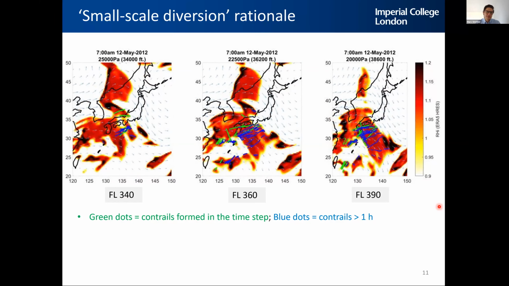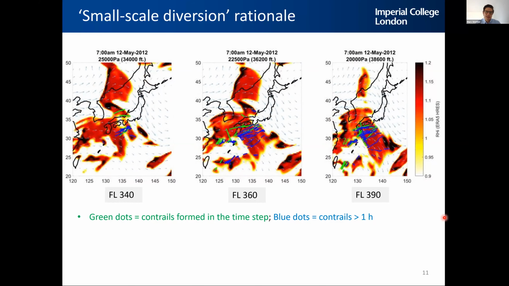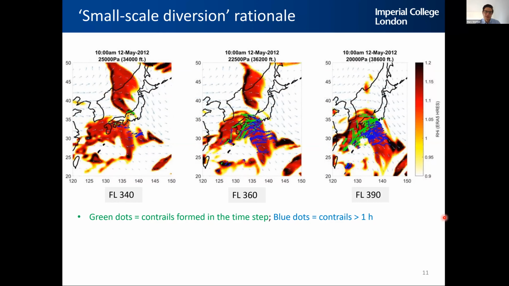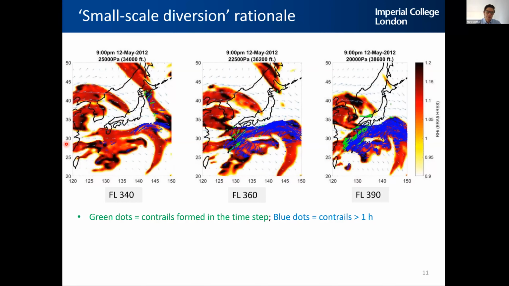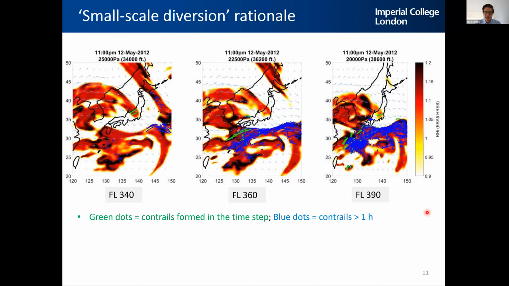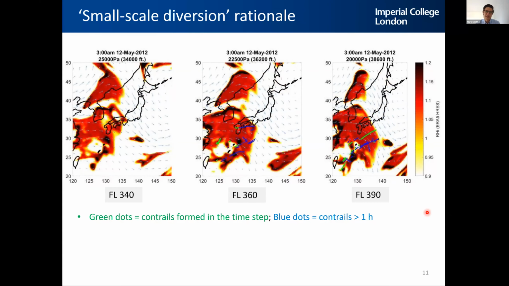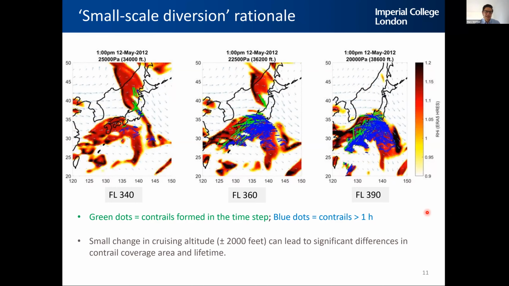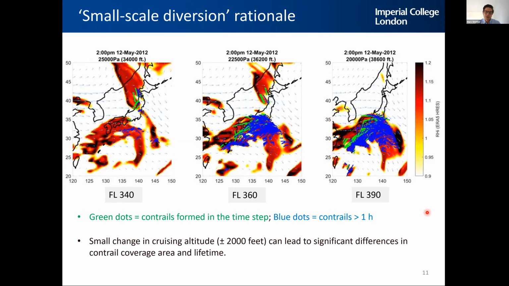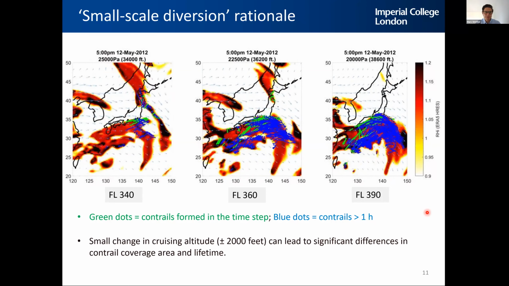Just for reference, the air traffic density is roughly the same in these 3 pictures, but we do see significantly different amounts of persistent contrails between the 3. You can see lower amounts of blue dots on the left-hand side. This shows us that these areas of the atmosphere which are supersaturated with respect to ice are relatively thin. That led us to think we could make very small changes in cruising altitude, which could lead to significant differences in contrail coverage area and lifetime.